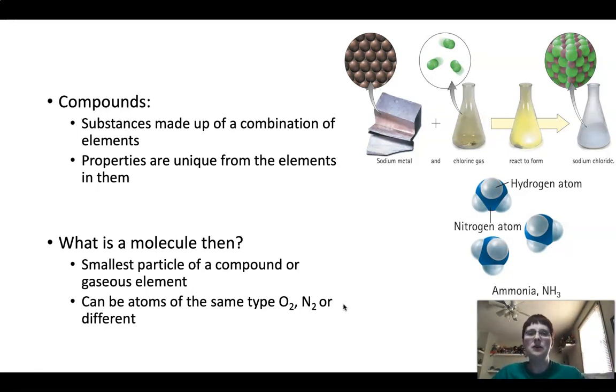So we don't typically call those molecules for the noble gases because those are traveling around as single atoms. Generally, when we talk about molecules, we're talking about two or more atoms joined together, but they are single sets of those atoms in a material. So a gas element or a compound, but it's a single unit of those rather than a big mass of them.